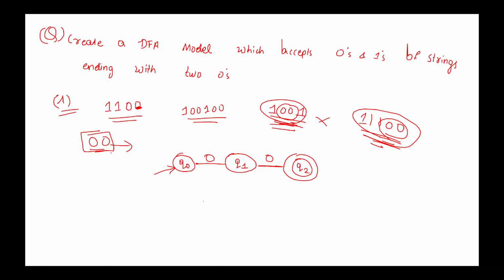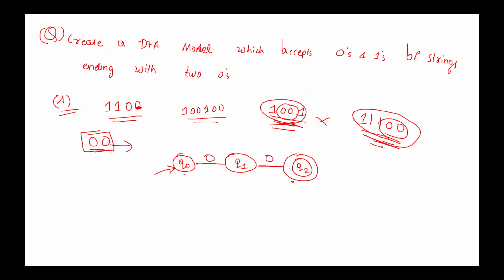This is how we make a basic model on the base condition. Like I have two zeros, so I have taken three states, which says that Q0 is the starting state, Q2 is the final state, and Q0 when it receives 0 as an input will move to Q1, and Q1 when it receives 0 as an input will move to Q2, right?